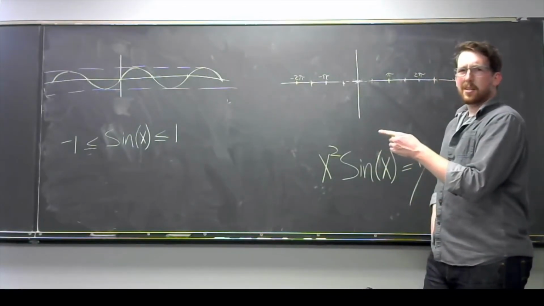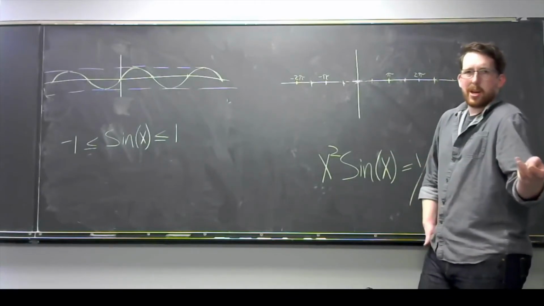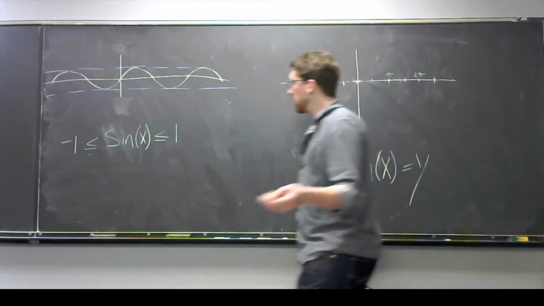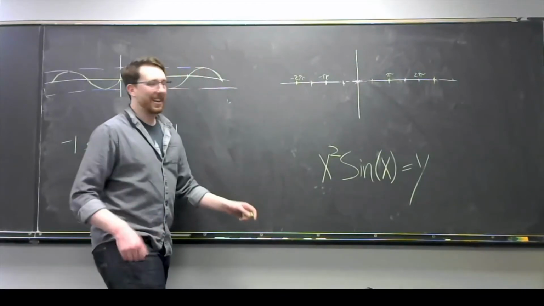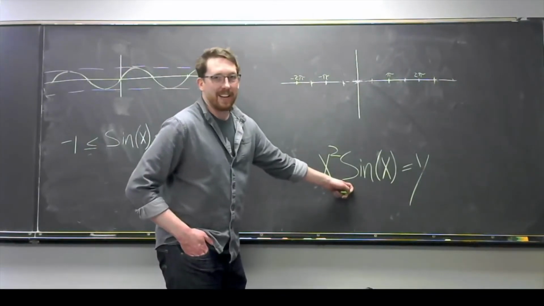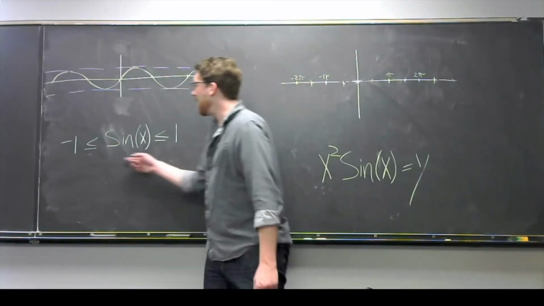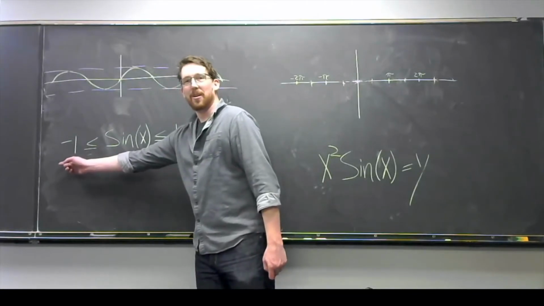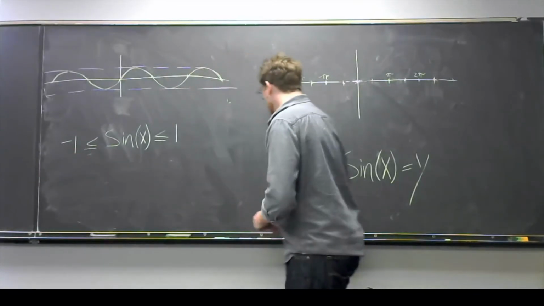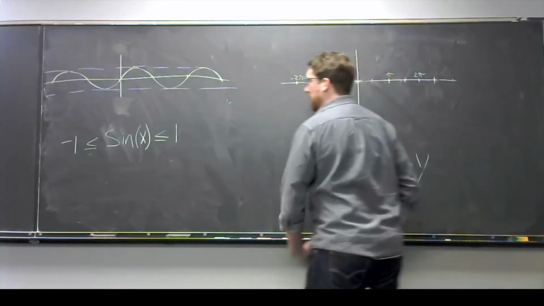Well, x squared sine x is like multiplying all of this by x squared. So let's do that really quick.